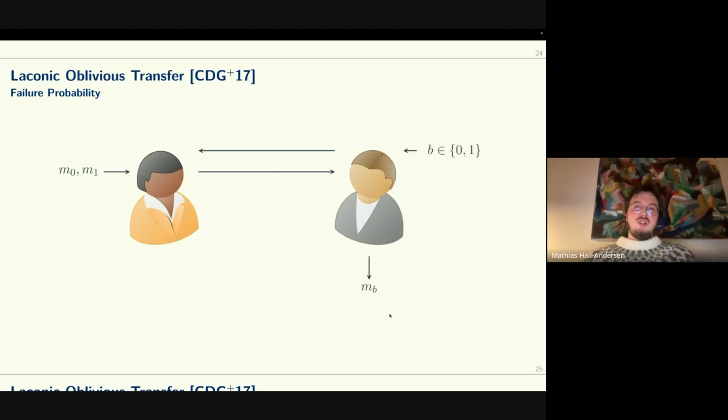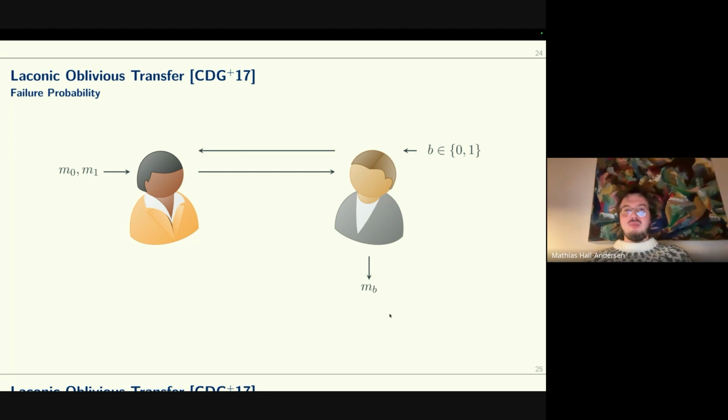Yeah. So one possible application that we have in the paper is what we know as Laconic OT. OT is this idea that one person has 2 messages and the other person gets to pick exactly one of them. So one person has M0 and M1, and the other person gets to pick exactly one of the 2 messages, and he doesn't learn the other one.